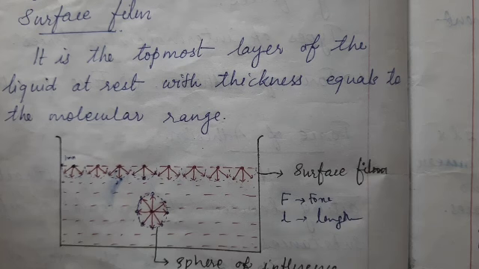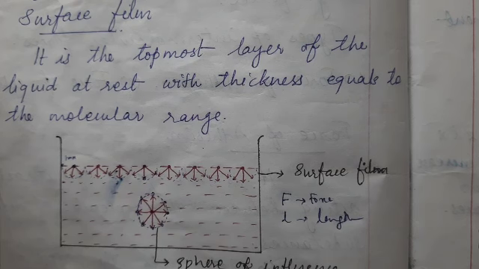This is actually an imaginary line. Here this is actually imaginary. So that force per unit length is how we can measure surface tension.